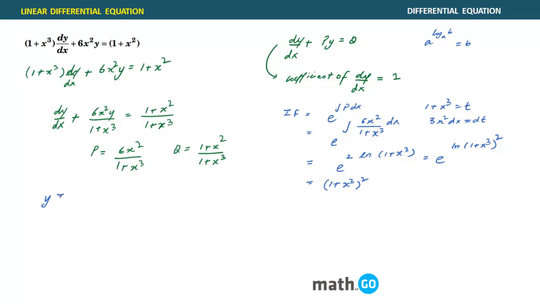So then what will be the answer? The answer is given by y into integrating factor equals integral of q into integrating factor dx plus c. So y into the integrating factor is 1 plus x cube whole square. Now integrate: q is 1 plus x square by 1 plus x cube, into the integrating factor, which is 1 plus x cube whole square, dx.